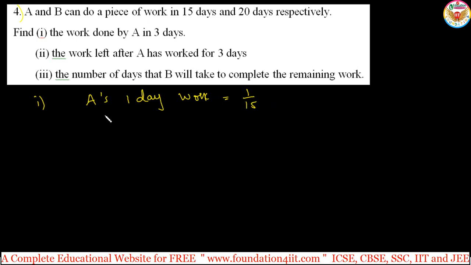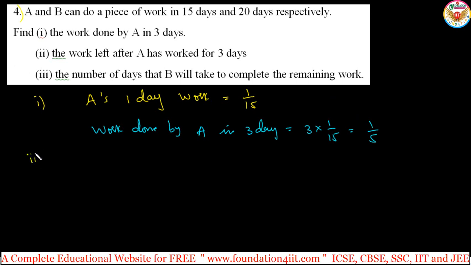So work done by A in 3 days is 3 into 1 by 15, that is 1 by 5. So 1 by 5 of the work A can do.